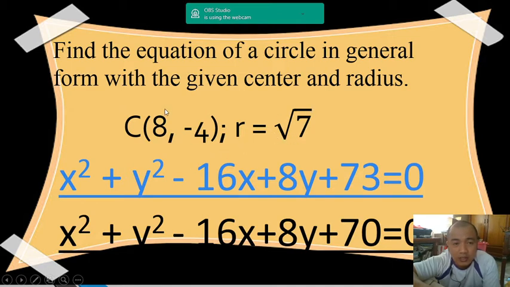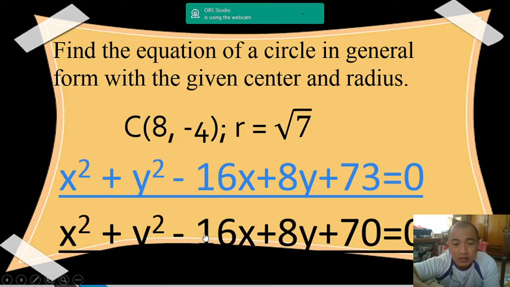So if h is 8, k equals negative 4, and r equals the square root of 7, all you have to do is substitute this h, k, and r to the standard form of the equation of a circle, square the binomials, combine similar terms, rearrange the terms, and you come up with the general form of the equation of the circle.